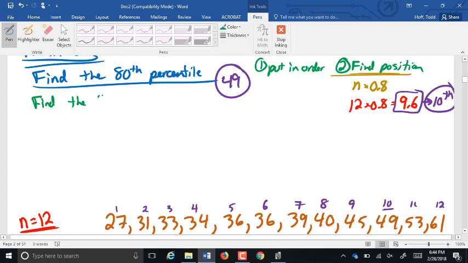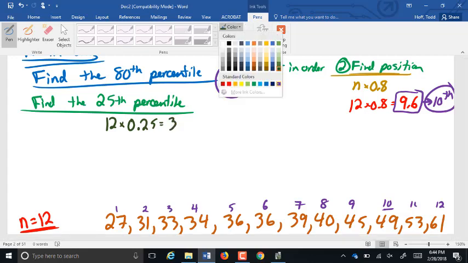Find the 25th percentile. So that position, it's going to be n of 12 times what? 0.25, which gives us 3.